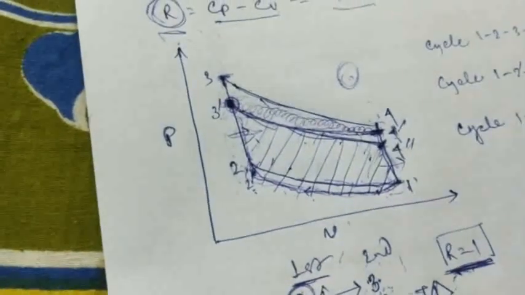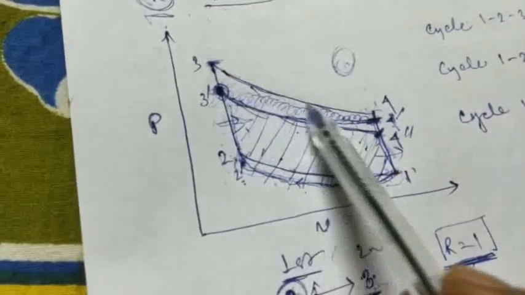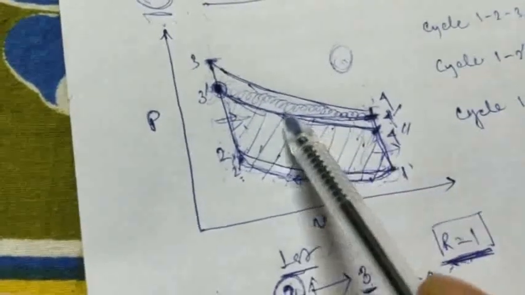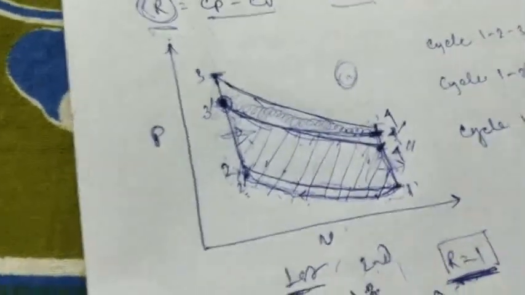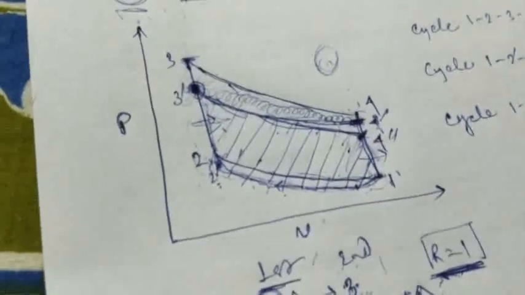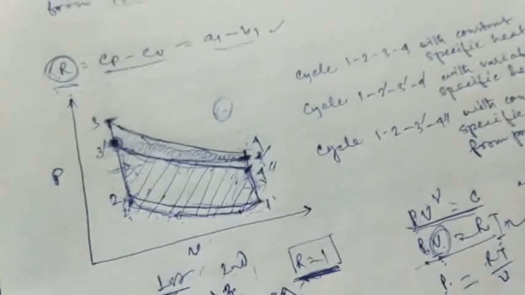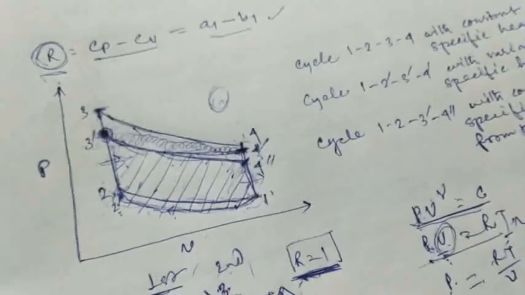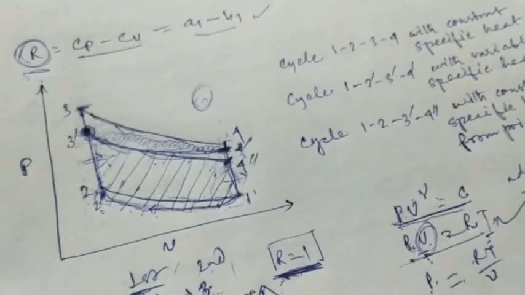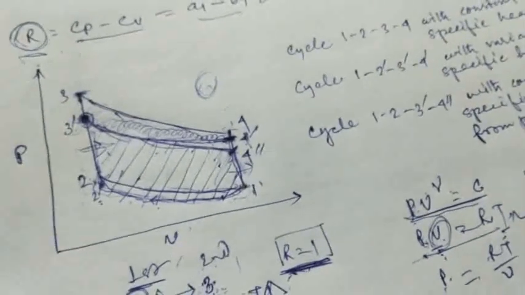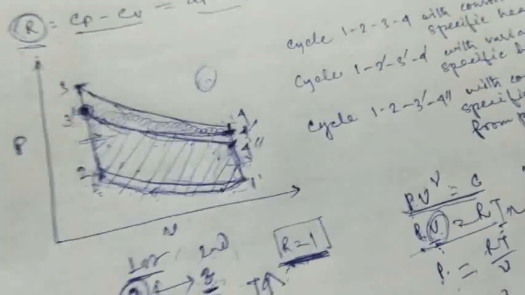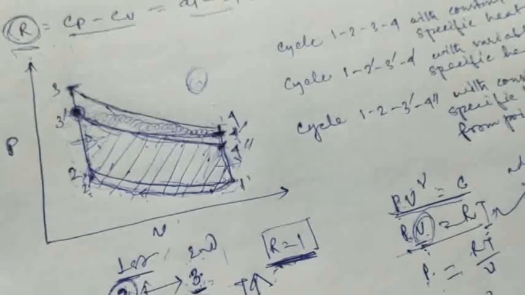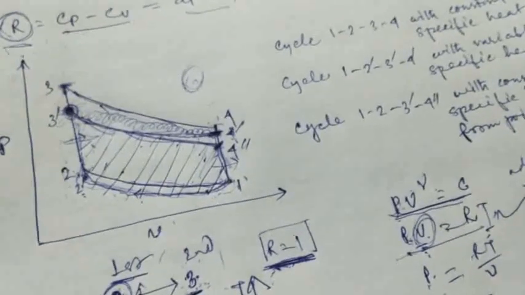In this analysis, we can see this portion of work actually was not there, whatever we have considered in the air standard cycle. So there will be less work output whenever we consider actual conditions and variable specific heats of fuel air cycle analysis, and thus the efficiency of the system will decrease. Okay.